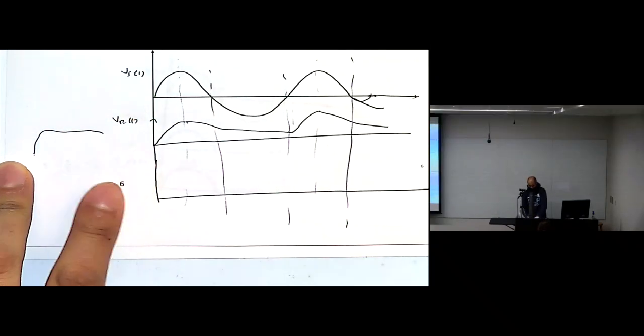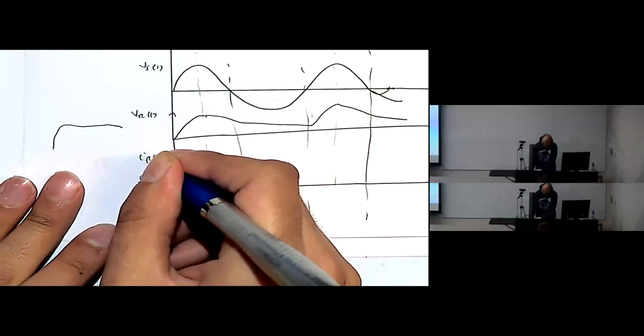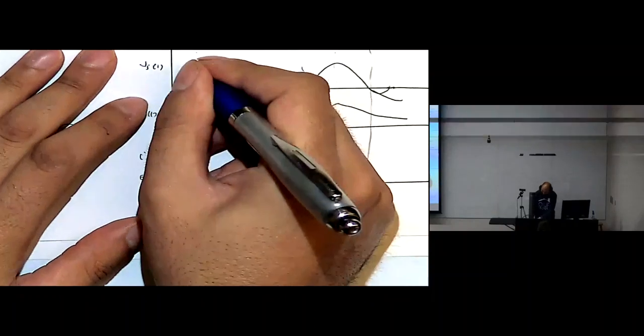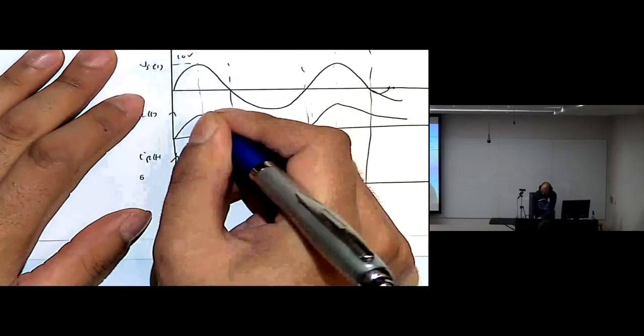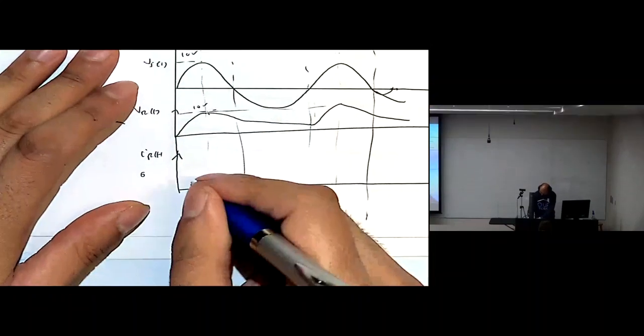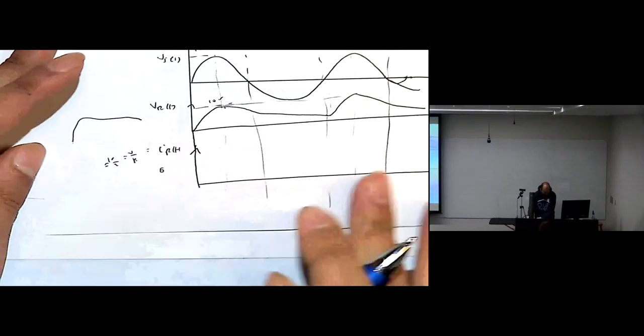Okay? What about the currents? For the currents, the same waveform as this one, but with different magnitudes. If this one is 10 volts for the voltage, for the currents we say V over R, which is 10 over 2, 5 amperes.